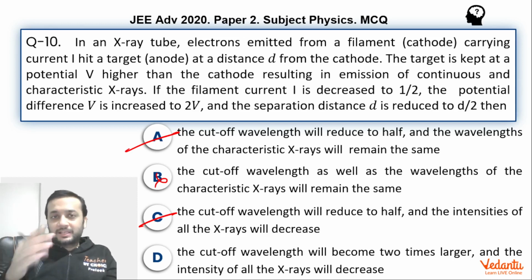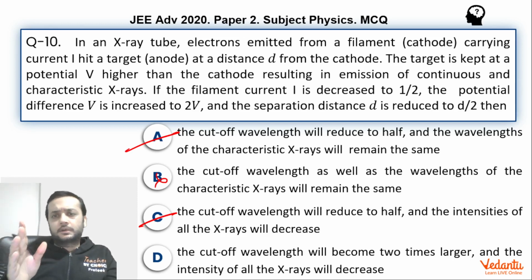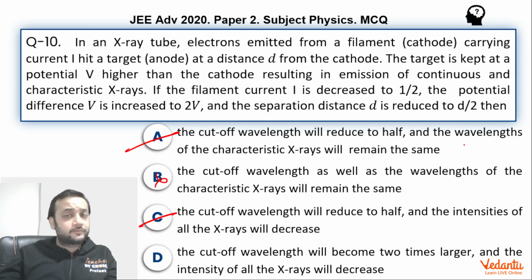Whether something remains the same or not can only be talked about if it existed in the earlier instance. So we should only consider those characteristic wavelengths which were getting emitted before, and those wavelengths will not change. Hence, in my opinion, A and C were the correct answers, as reported by the IIT key. Thank you.